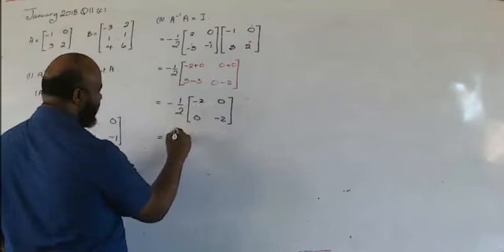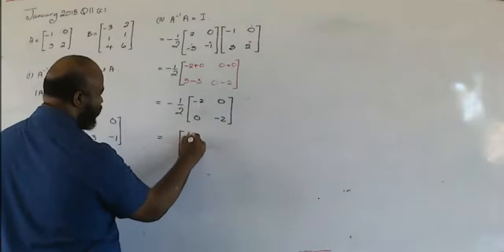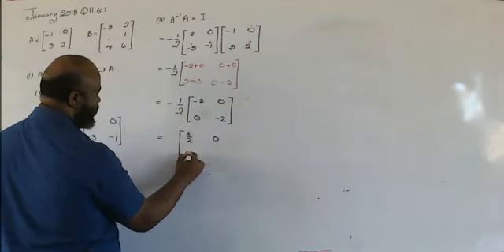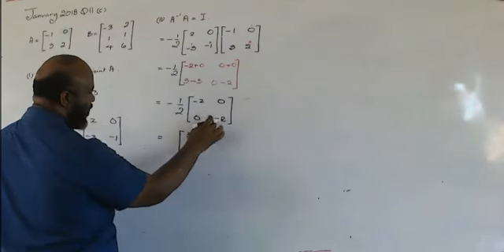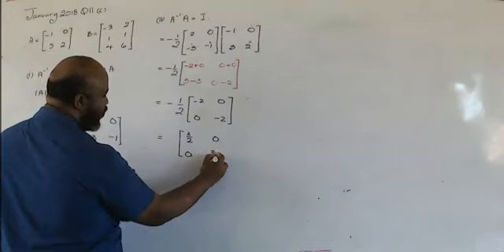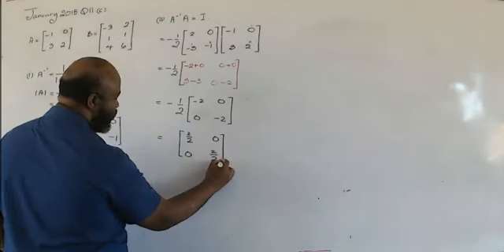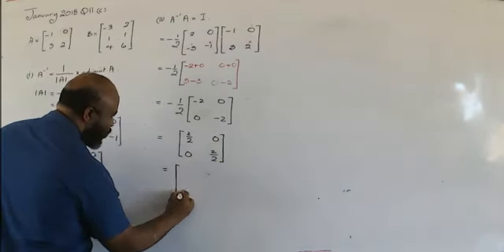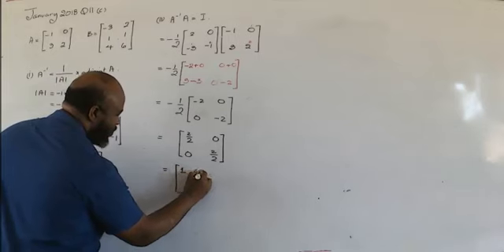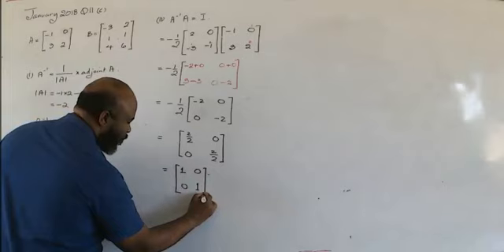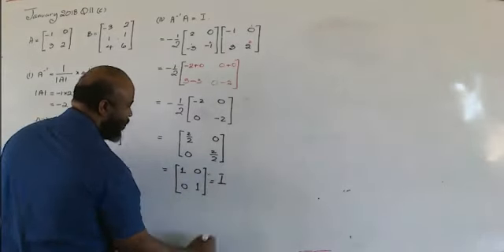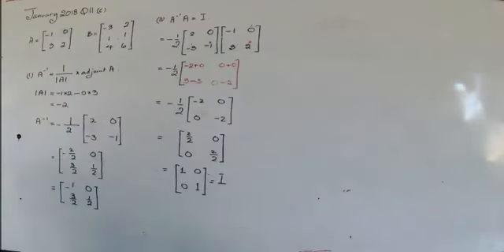A negative times a negative is a positive, 2 over 2, 0, 0, 2 over 2. This is equal to 1, 0, 0, 1, which is I, the identity matrix.